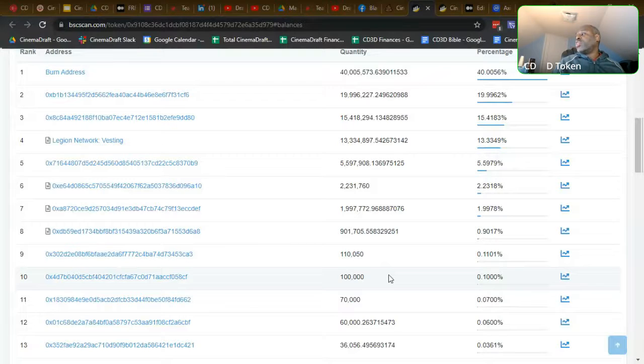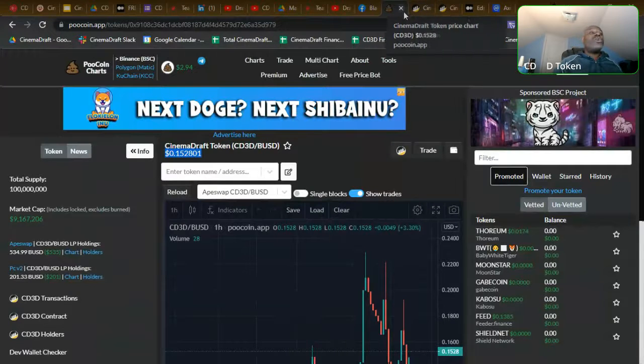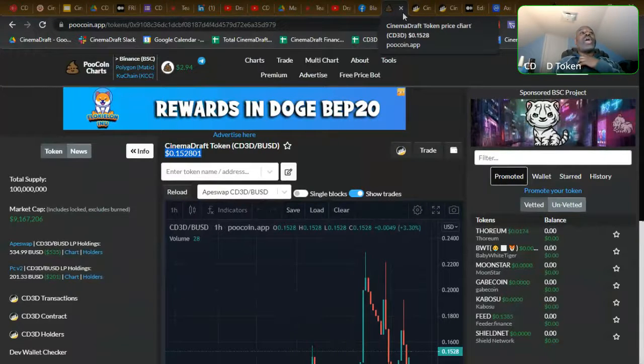These people got in early, probably for cheap. Our average token price coming out of the auction was 15 cents, 15.3 cents, hovering just about that. So it's pretty cool.